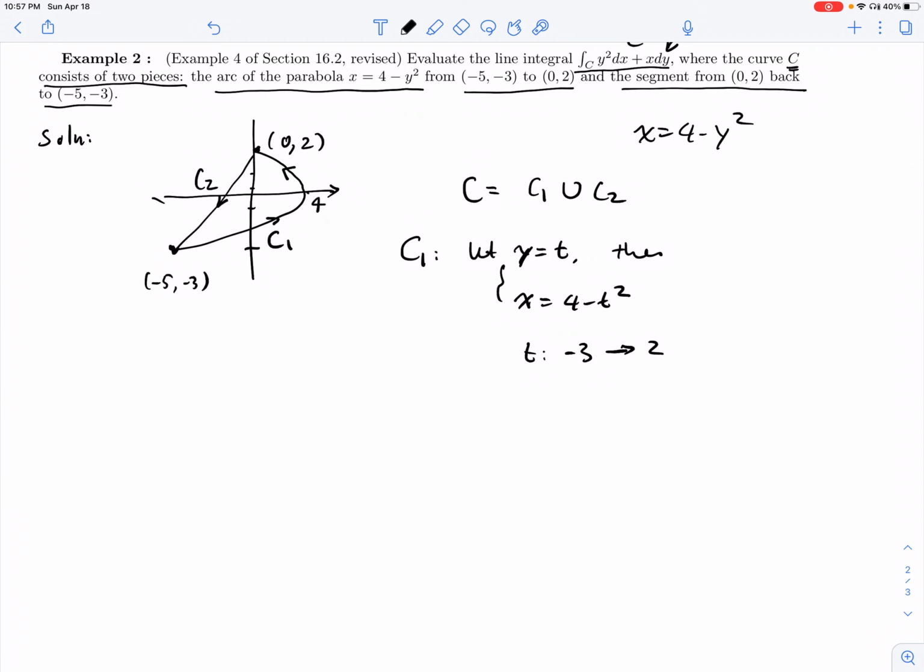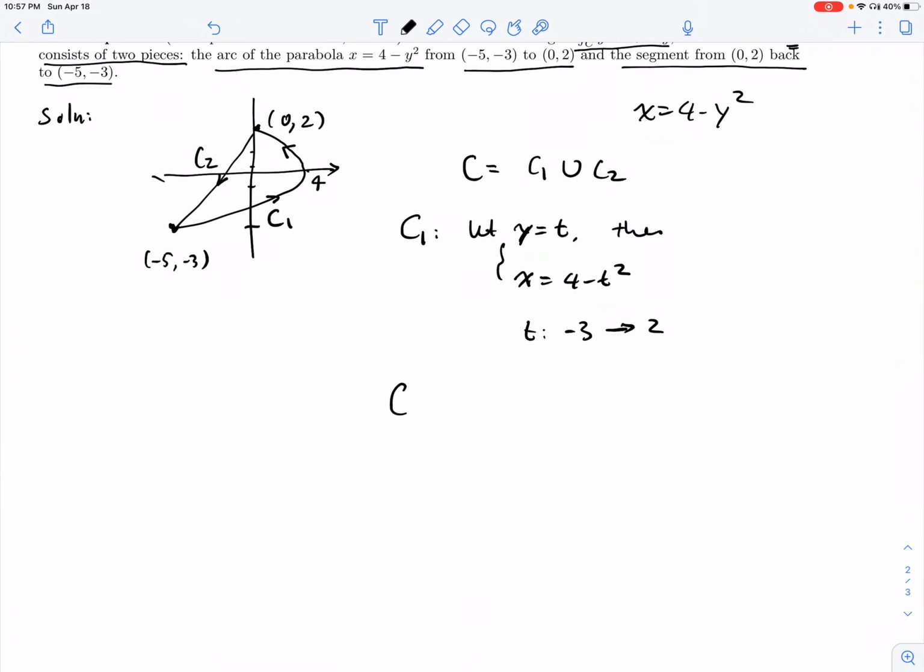So this is C1. And for C2, we are going to use the method we learned in chapter 13, how to find the line's equation even in 3D. Okay, so we look at this segment over here, and we find its direction vector. How do we do that?